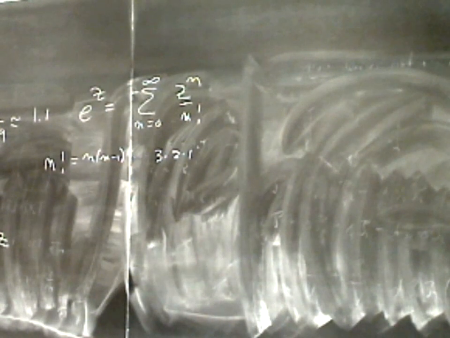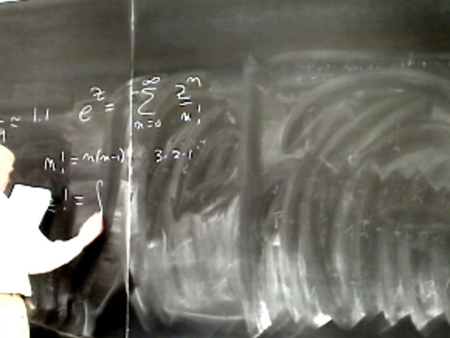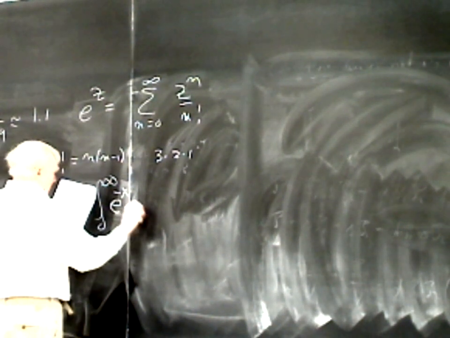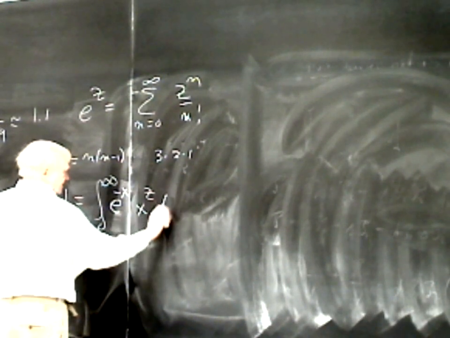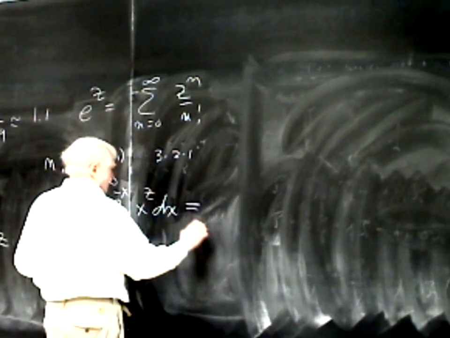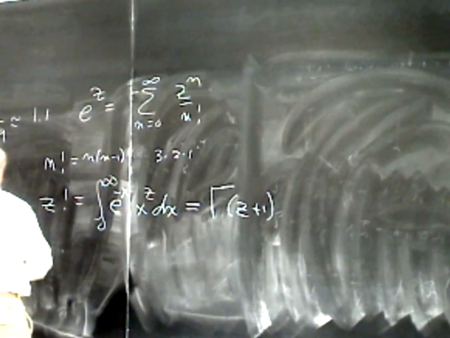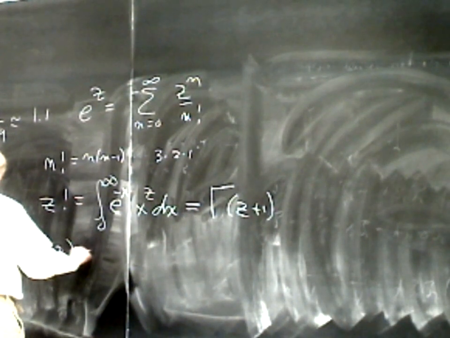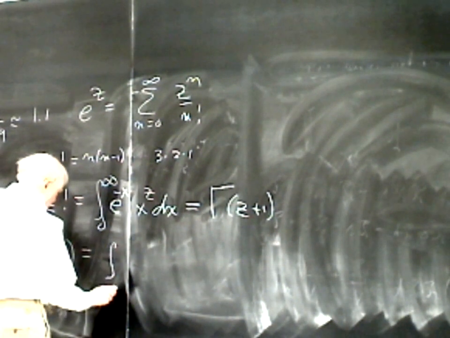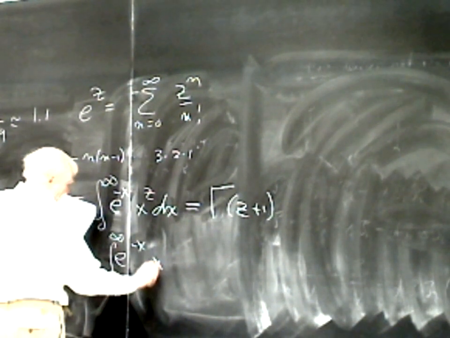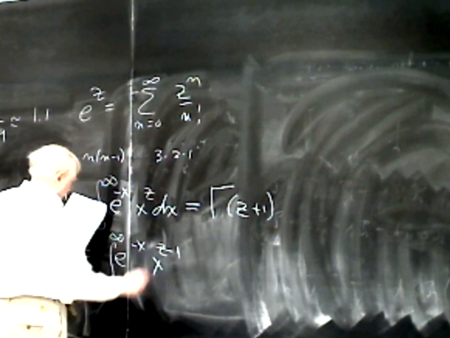All right. In fact, however, you can define n factorial when n is not an integer, and in fact, one can define z factorial as the integral 0 to infinity e to the minus x, x to the z dx. And that's also the same thing as gamma of z plus 1, where the gamma function, capital gamma, of z is the integral 0 to infinity e to the minus x, x, of course, to the z minus 1 dx.